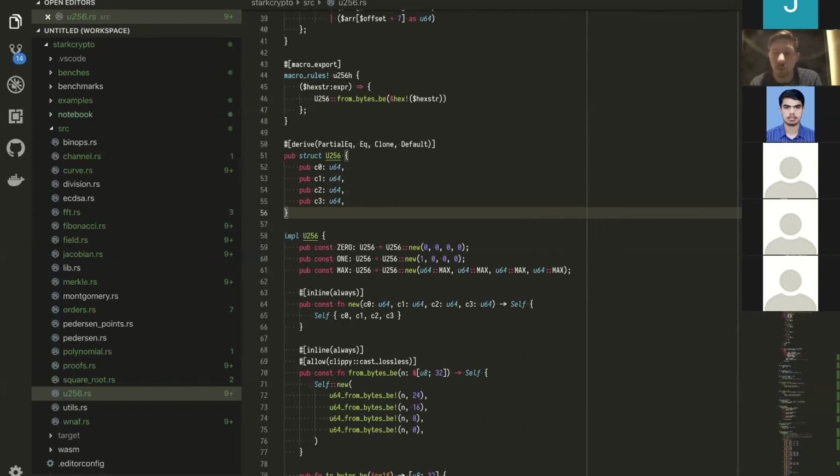They can actually do one more trick that we'll get into later, which is a 64 by 64 to 128-bit multiplication.